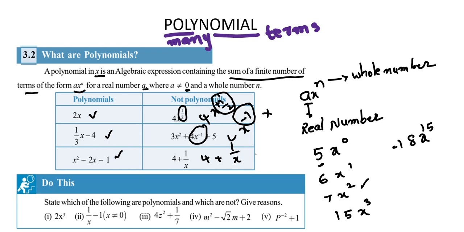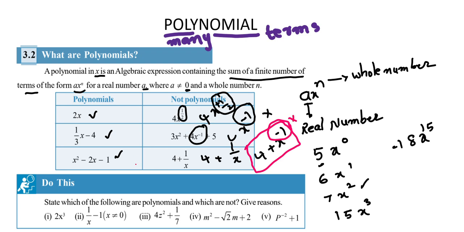This 1 by x we can write as 4 plus x power minus 1. Understand? If you observe, this minus 1 is not a whole number. So it is not a polynomial.